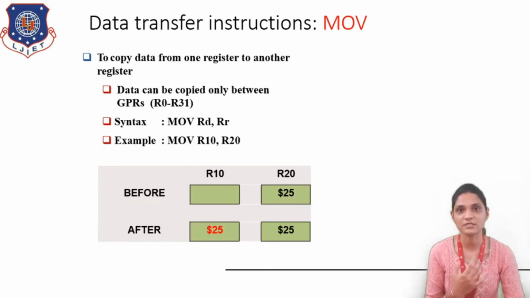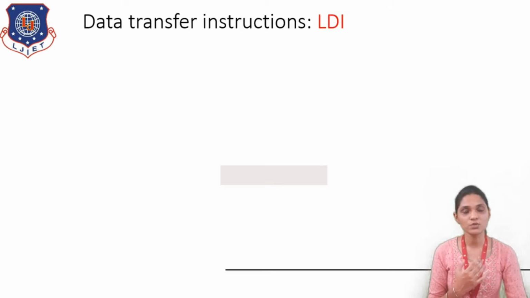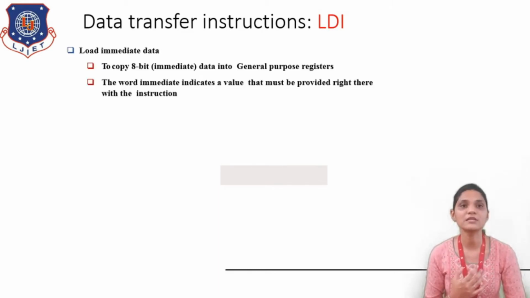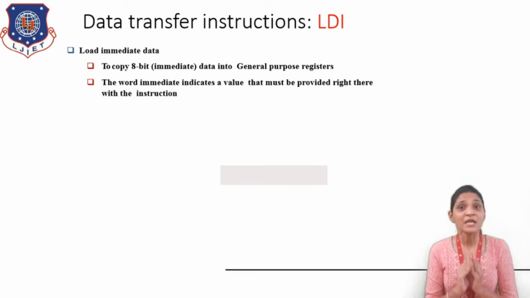Next instruction we can use is the LDI instruction. This is used for loading the immediate data. Here this 8-bit immediate data can be copied into any of the general purpose registers. This word immediate indicates the value that must be provided right there with the instruction. So you have to provide the particular value that you want to store inside some register in the instruction.